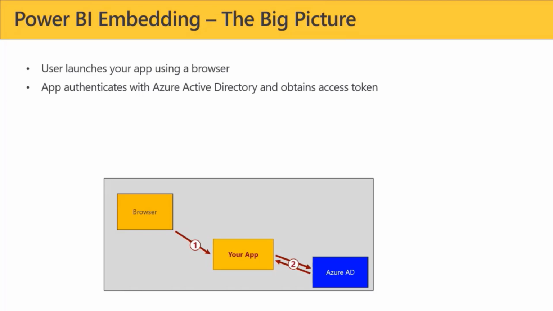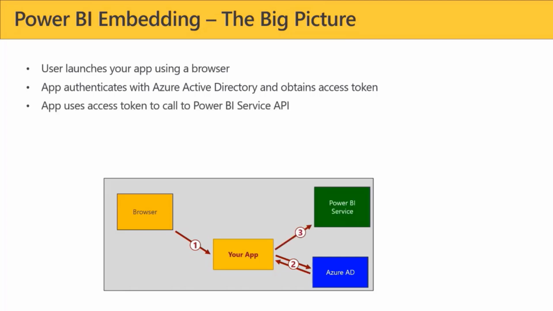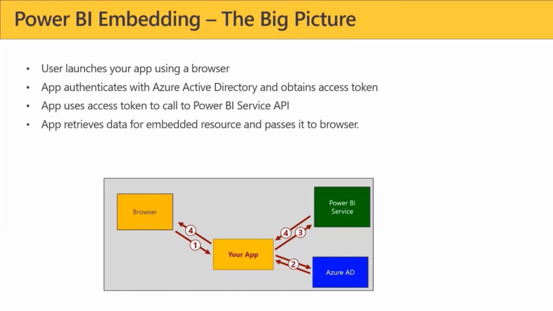So one thing we have to do is go to Azure AD and go through some type of authentication flow to get an access token. Then we call the Power BI REST API to do things like maybe create an embed token or get extra metadata about what's in a particular workspace. But after we've been able to get the metadata and some type of security token, we pass that back to the browser. And here's where we focus on the code for this session.